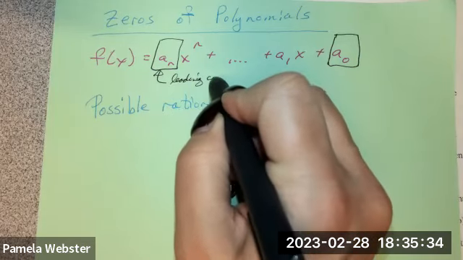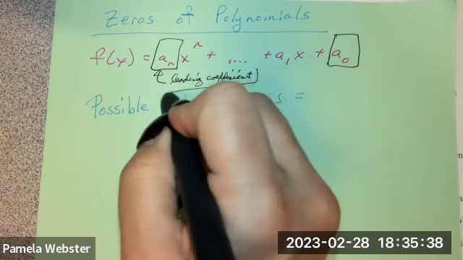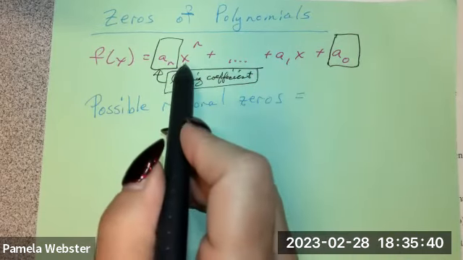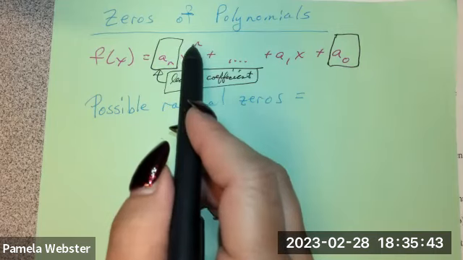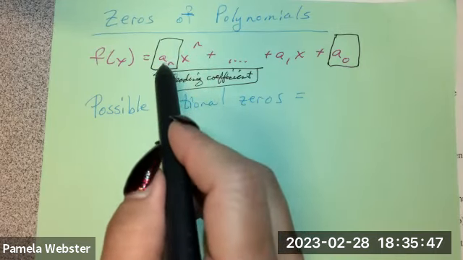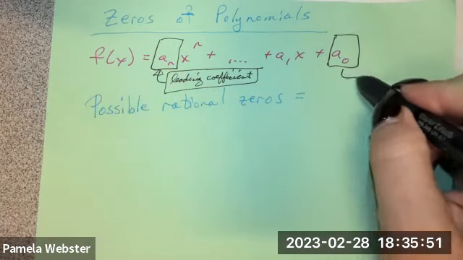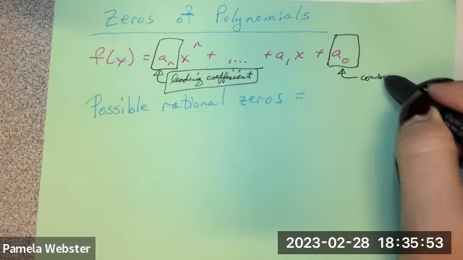And that simply means the number that is out in front of the term with the largest exponent. So x to the nth is the largest exponent here, so I want this a sub n, whatever that number is, the coefficient. And then I need to know what the constant term is.